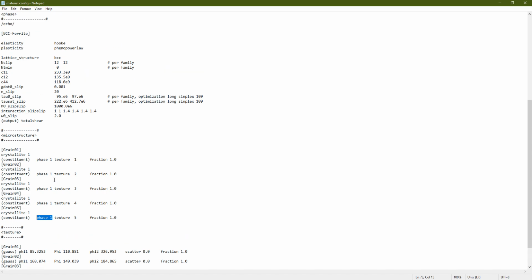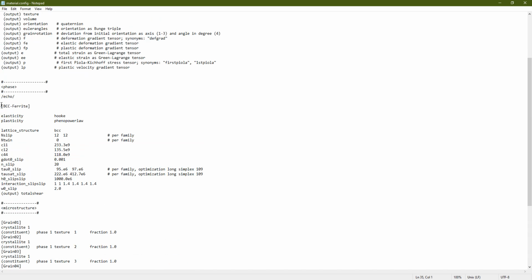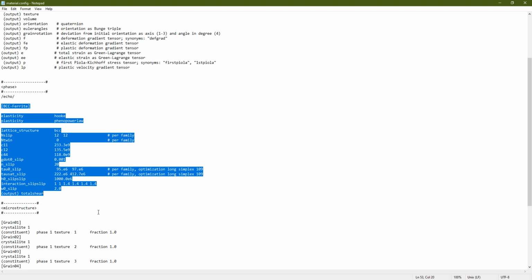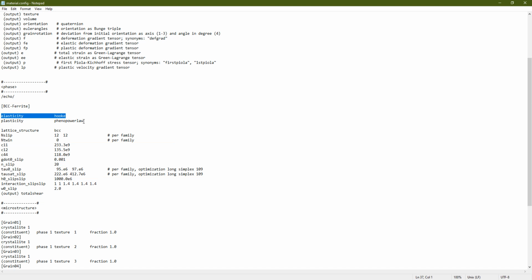And for this phase information, this is where our phase is defined, right? So our phase has an elastic part and a plastic part. So elasticity is Hooke's, plasticity is phenomenological power law. This is where we call in the libraries. For the elastic part, we are defining this as a body centered cubic crystal structure.